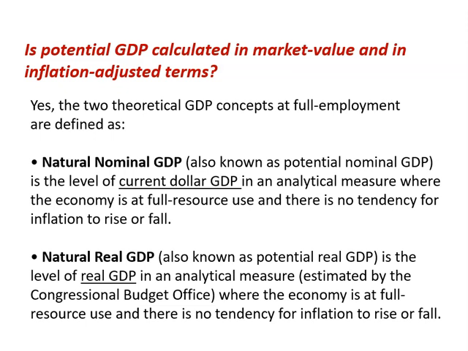Natural nominal GDP, also known as potential nominal GDP, is the level of current dollar GDP, where the economy is at full resource use and there is no tendency for inflation to rise or fall. Natural real GDP, also known as potential real GDP, is the level of real GDP, which is estimated by the Congressional Budget Office, where the economy is at full resource use and there is no tendency for inflation to rise or fall.